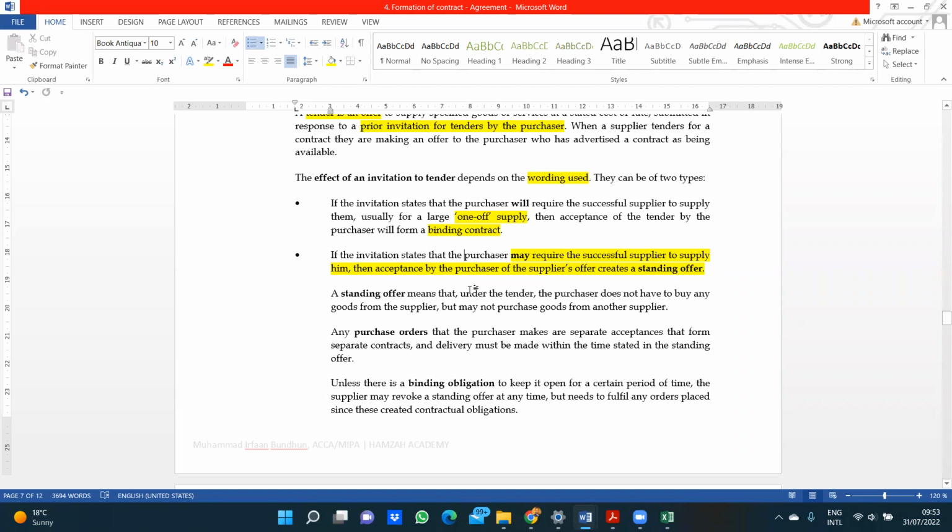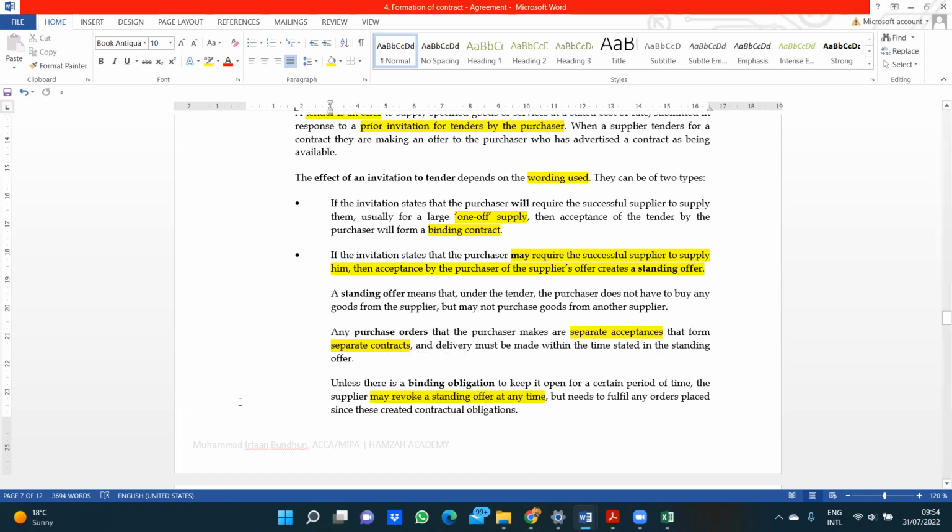Each supply individually constitutes a single agreement, unless there is a binding obligation to keep it open for a certain period of time. For the purchase orders, the supplier makes separate acceptances, and the separate acceptances make separate contracts, and delivery must be made within the time stated in the standing offer.